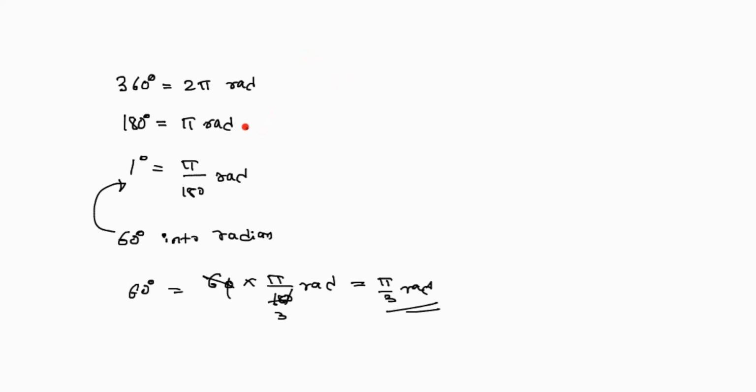In a similar way, from here we can draw that pi radian equals 180 degree. 1 radian will be 180 by pi degree.